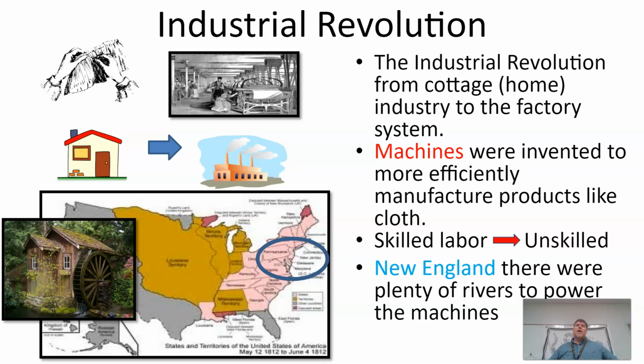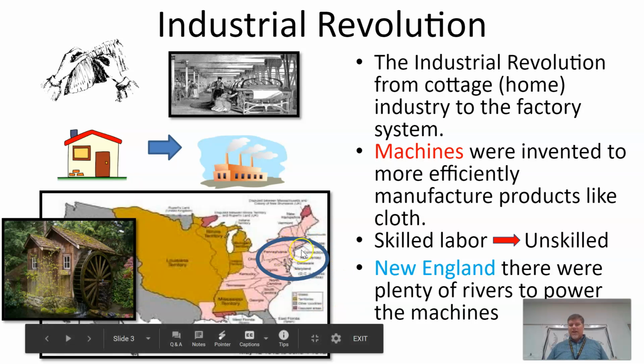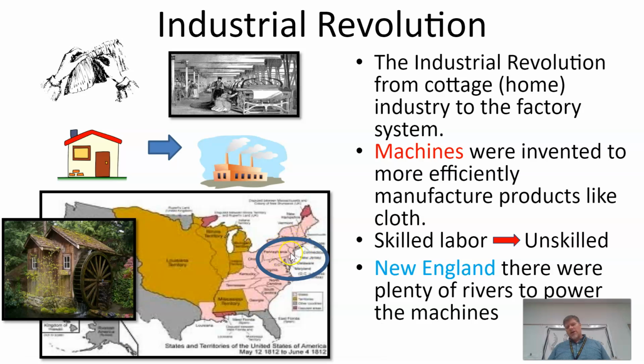And really, the Industrial Revolution primarily begins in the New England, Middle States area, this area that's kind of circled here. There's a lot of rivers in this region, and water power is going to be one of the main ways that factories are powered in the early days.